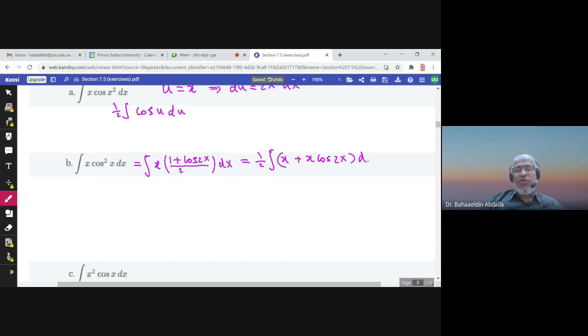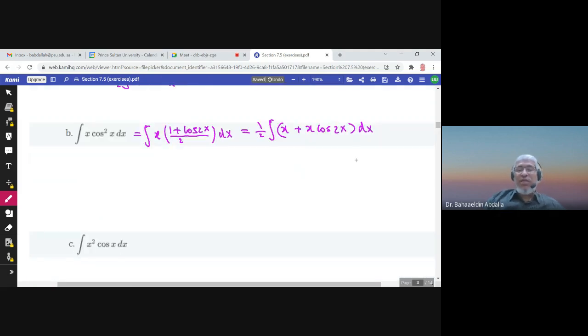Now the integral of x is easy, and the integral of x cosine 2x, you do it by parts. You take u equals x, du would be dx, and you take cosine 2x as dv. So v would be the integral of cosine 2x, which is sine 2x over 2. And then the integral of v du would be just the integral of sine 2x.